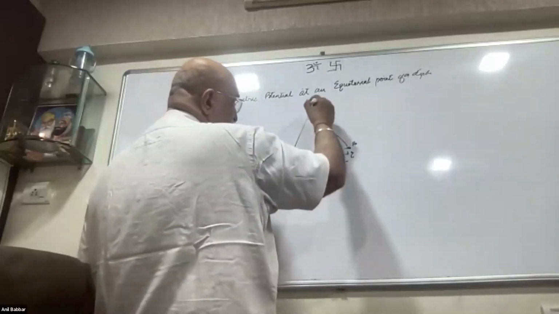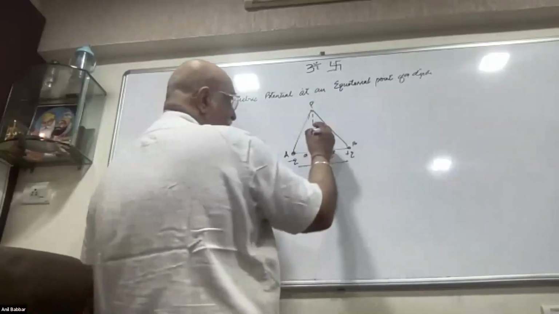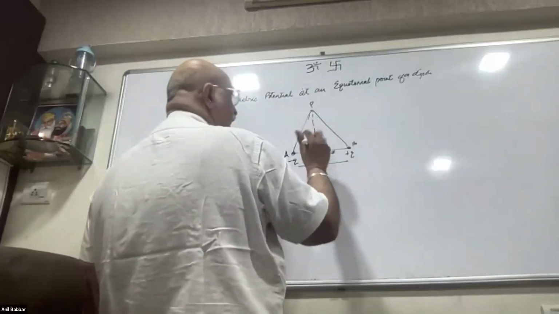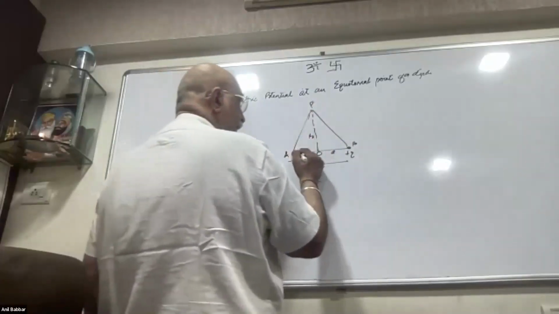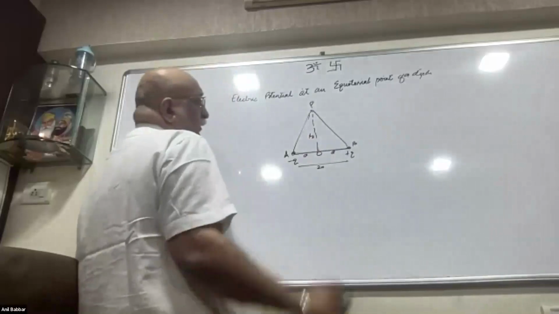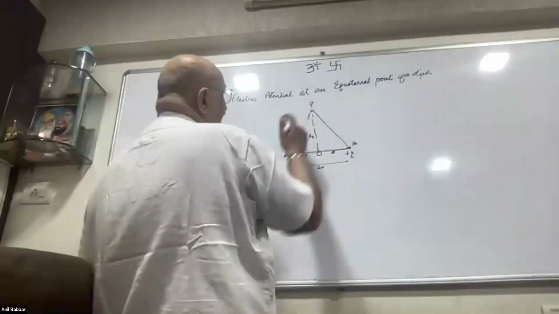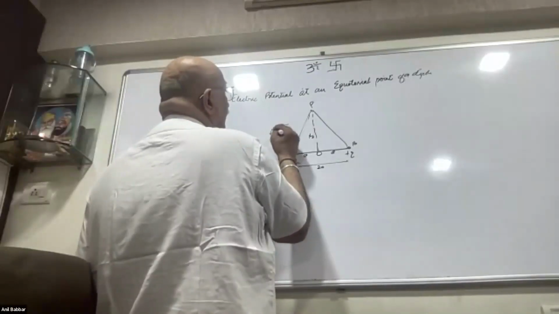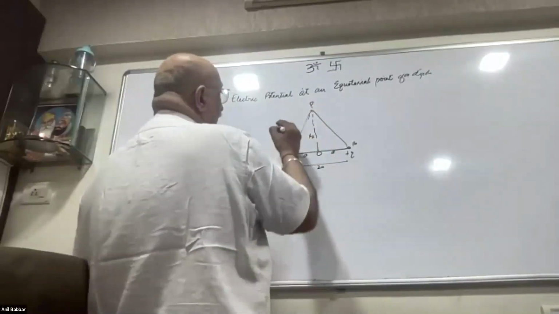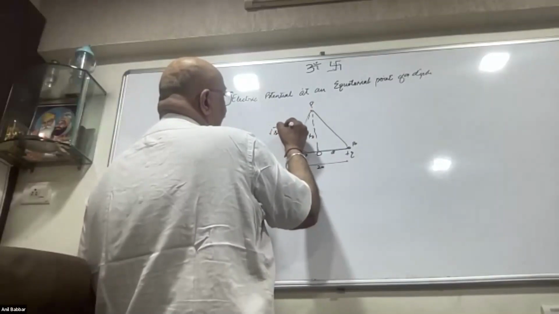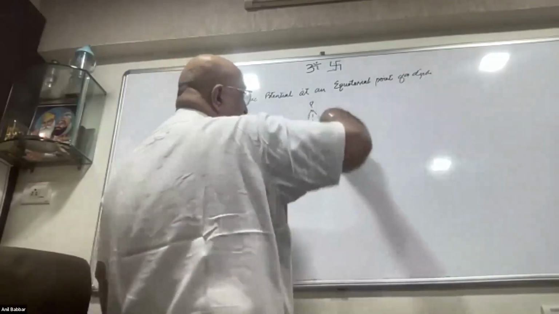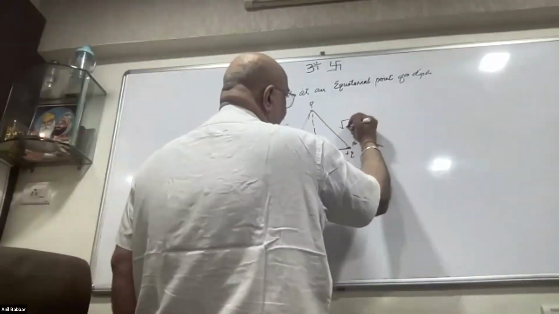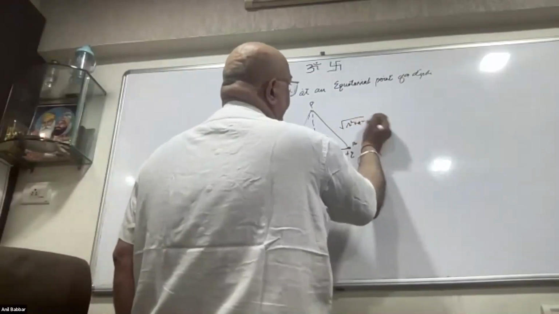Now, let this point P lie at a distance of say R from the dipole. Now, using Pythagoras theorem, this distance AP is equal to root of R square plus A square. Similarly, PB is also root of R square plus A square.